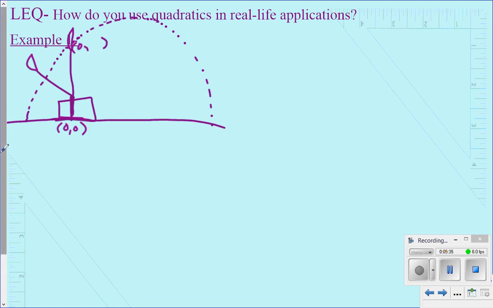So if you're paying close attention to how we define the variables and this picture, we realize that we're supposed to substitute 0 in for x into the equation and solve for y, or in this case, y is represented with the letter h. So let's do that. This is part A. I'm putting 0 in for x, and I'm solving for y.